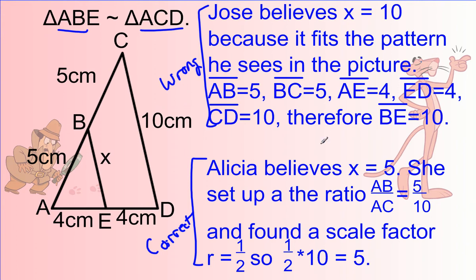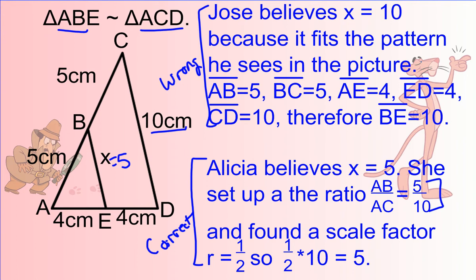Well, Alicia's correct because if you set up this ratio AB to AC, the small triangle to the big triangle, you get 5 over 10. This is true. And so the ratio from the small triangle to the big triangle is 1/2. Therefore, half of 10 is 5. That is correct. That is one way of doing this.